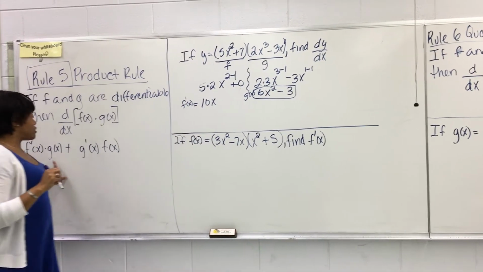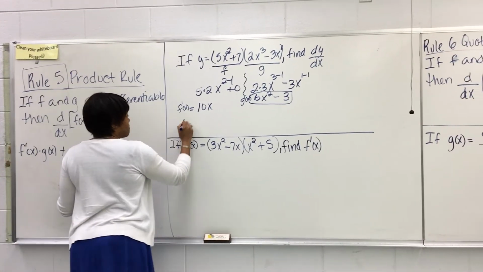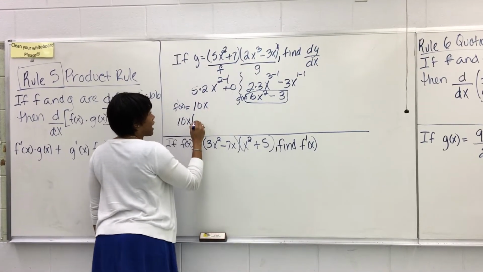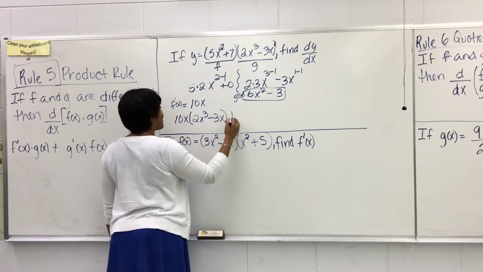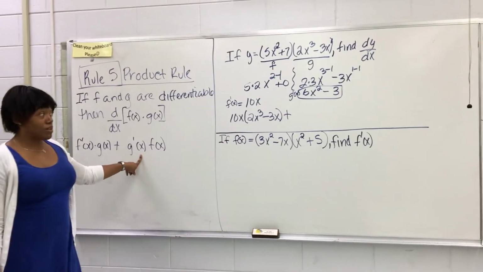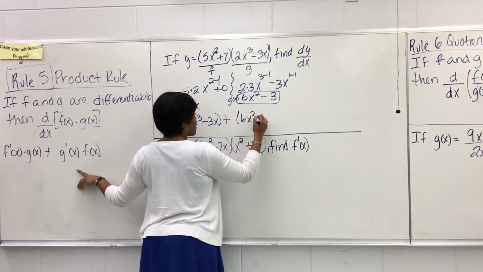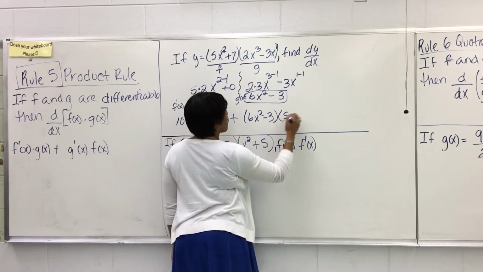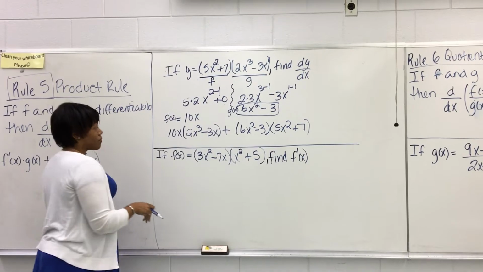So if I now use my product rule, I can plug everything in. So this will give me 10x times g, what's my original g? That would be 2x cubed minus 3x plus the derivative of g, which will be 6x squared minus 3 times, what's my f? 5x squared plus 7. So now what do I need to do?